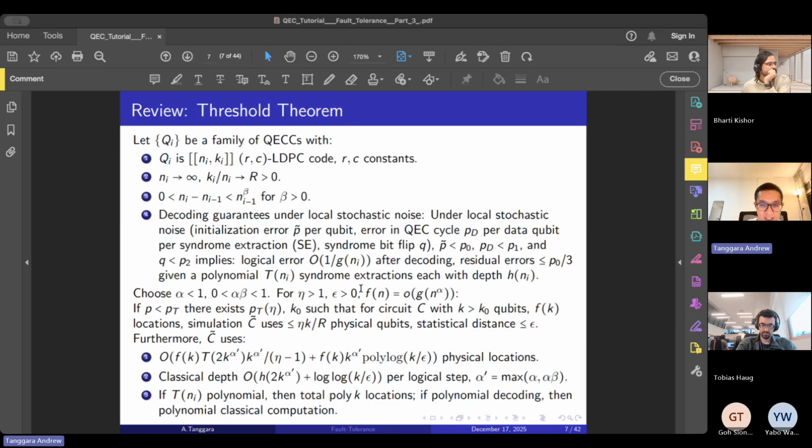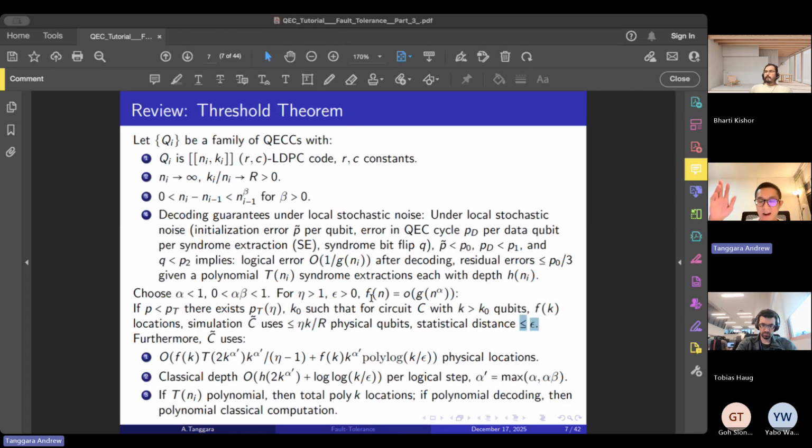I'm going to show this again later to go part by part as we prove parts of it. But the point here is that we have this threshold PT such that if the physical, or local stochastic, error rate P is below PT, then I can construct this simulation circuit C tilde that simulates C using this number of physical qubits, with statistical distance epsilon.